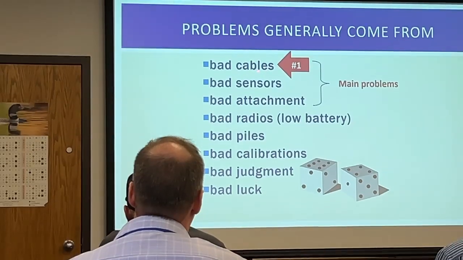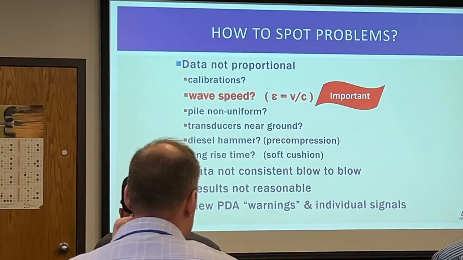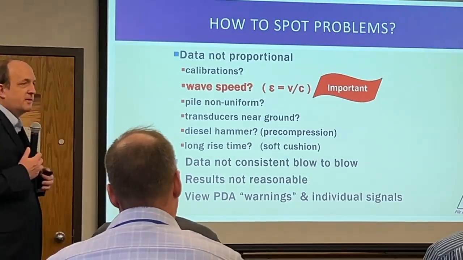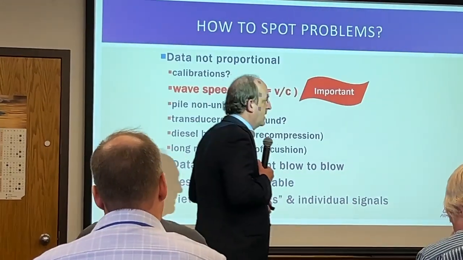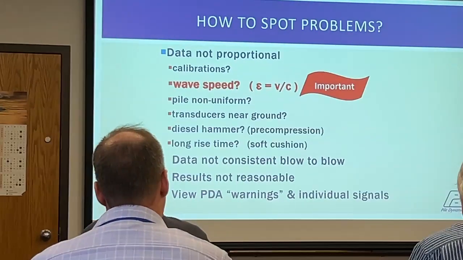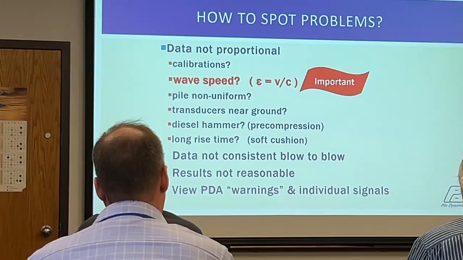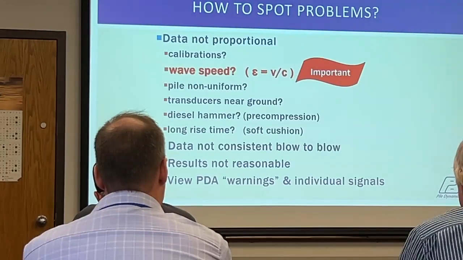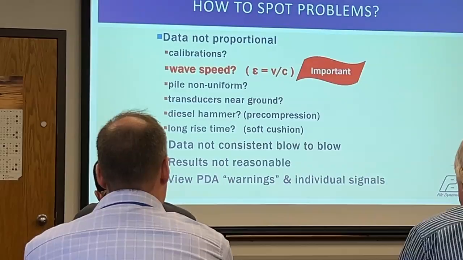But the big ones are cables, sensors, and attachment. So how do we spot those problems? And again, this is thinking about it in the case of someone who is getting some data and doing a cursory review of data or a deep review of data for a particular project, particularly for test piles.